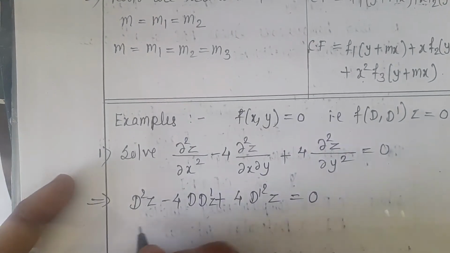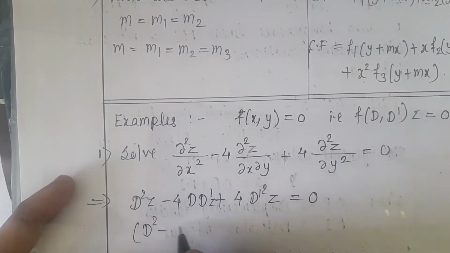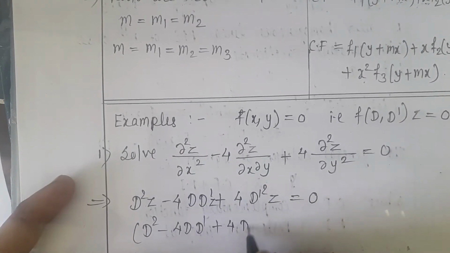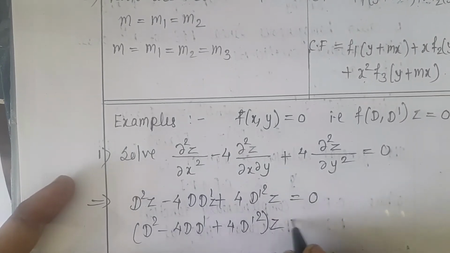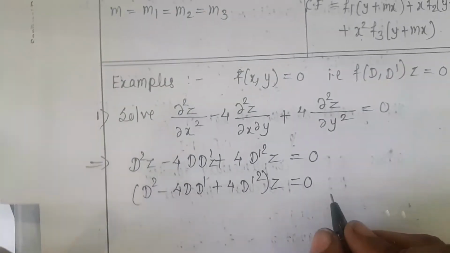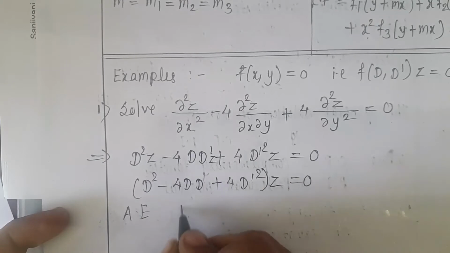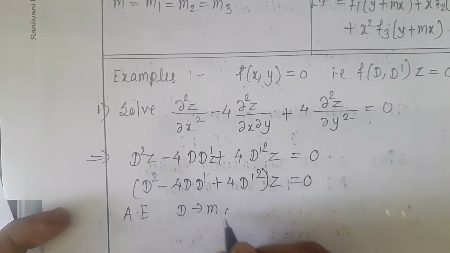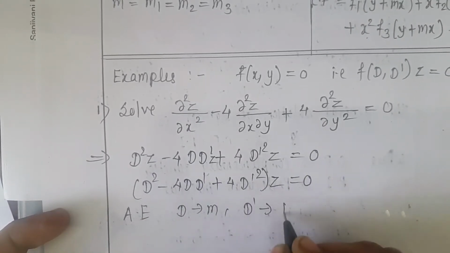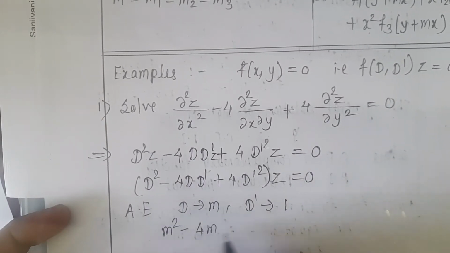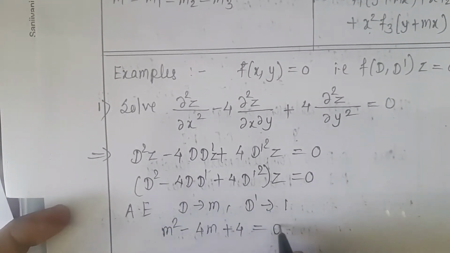Taking z common, it is d square minus 4d d dash plus 4d dash square multiplied by z is equal to 0. Now write the auxiliary equation. Replace d by m and d dash by 1. So m square minus 4m plus 4 is equal to 0.